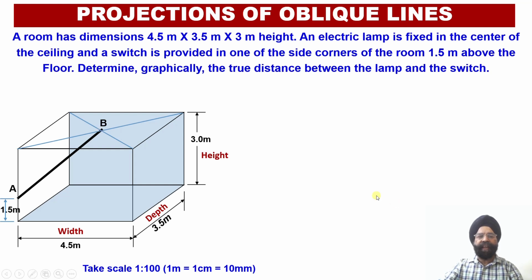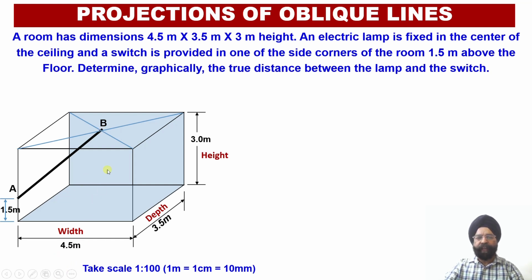This physical real life situation we need to convert into the projections of oblique lines, and thereafter, using the principles of rotation of the line, we are going to evaluate the true length of the shortest distance between the points A and B.